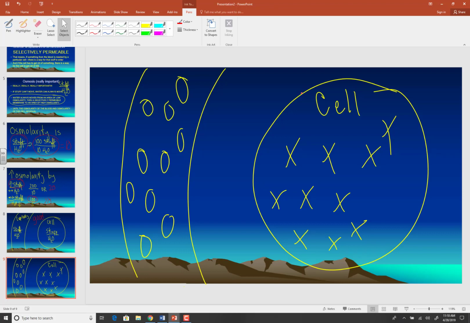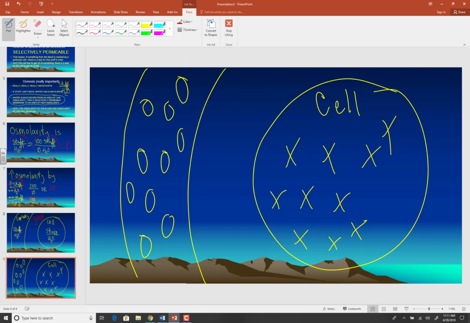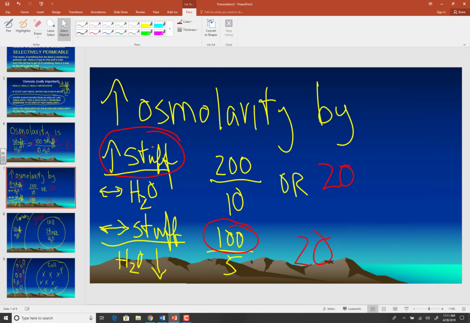But let's say, for example, something caused the amount of stuff in the blood to go up. If you added more stuff and you kept the water the same, what's going to happen to the osmolarity?